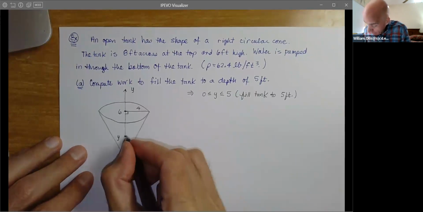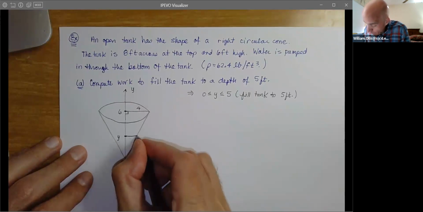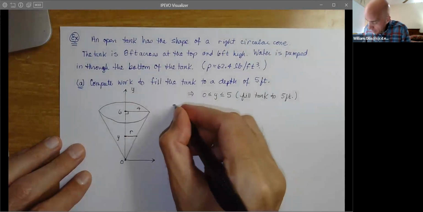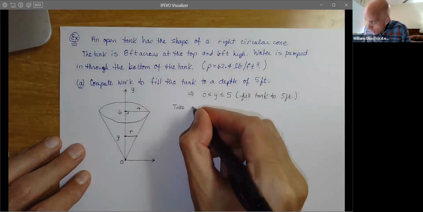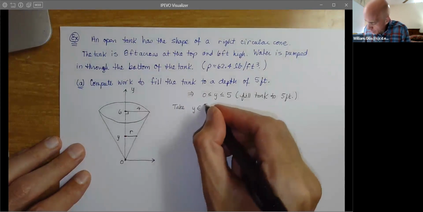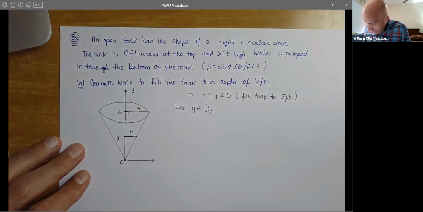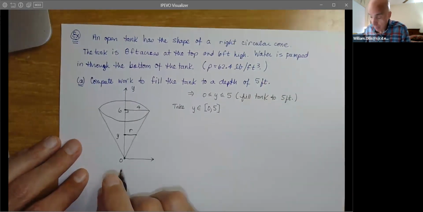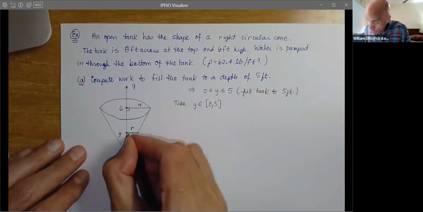And if you like, this distance here, we can just call R for radius. Let's call this R. So take Y between 0 and 5. And again, we have a right triangle there.